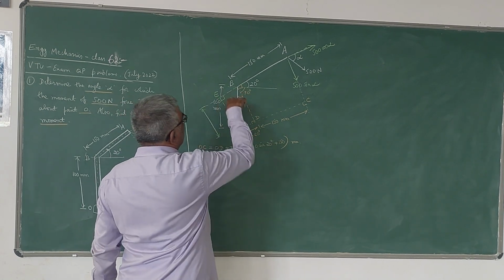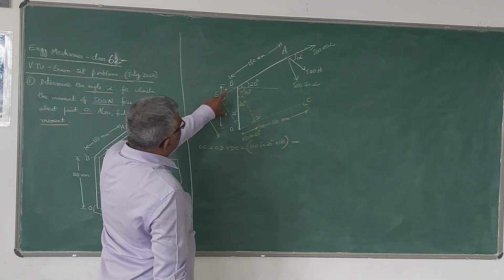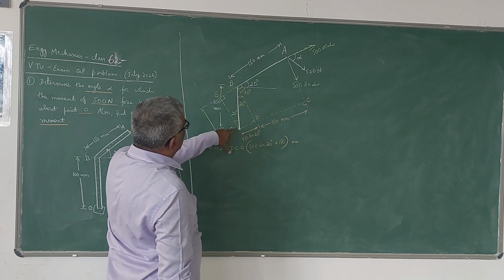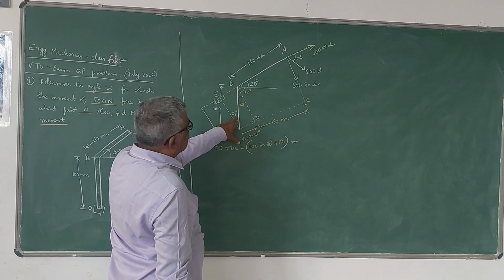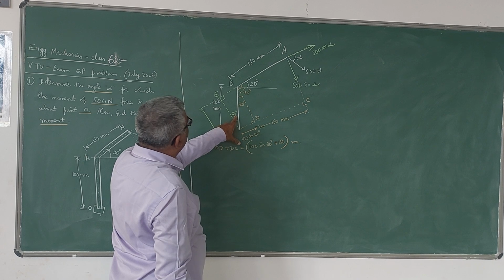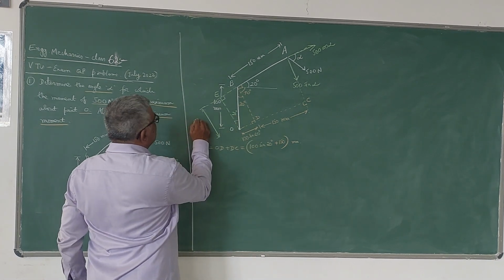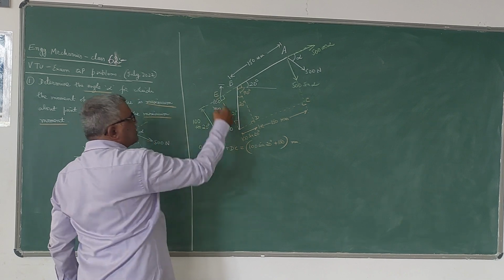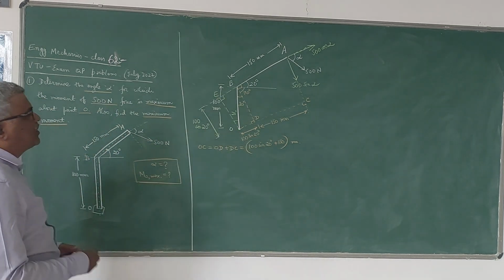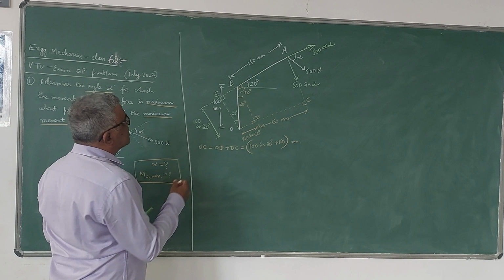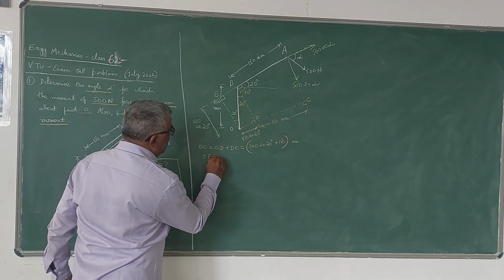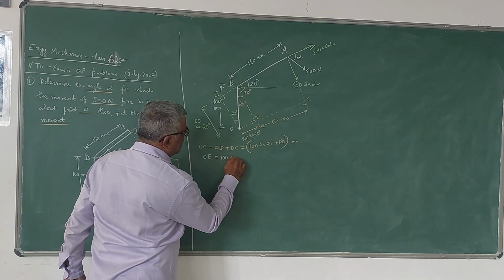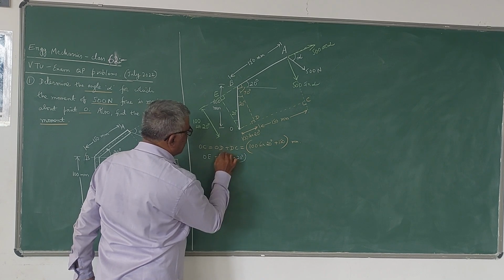From this right angle triangle, this becomes the hypotenuse once again, and this is the adjacent angle now. Since it's an adjacent angle, this becomes 100 cos 20. That means the distance OE is 100 cos 20.